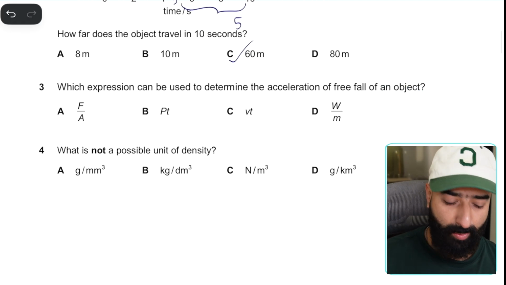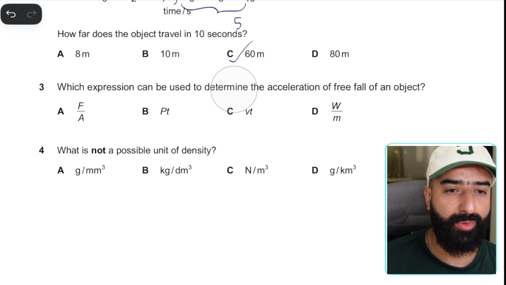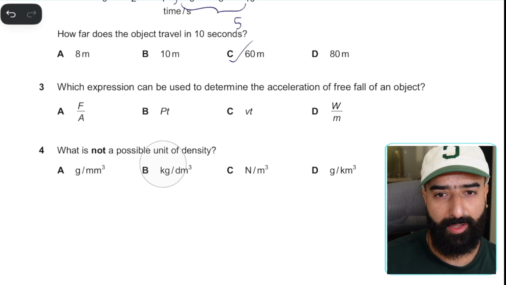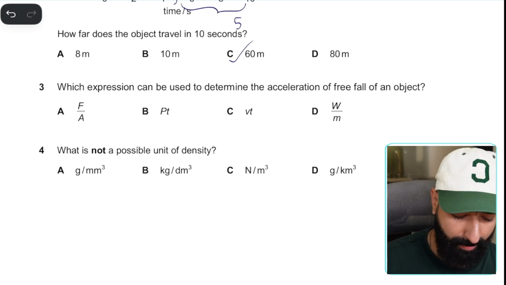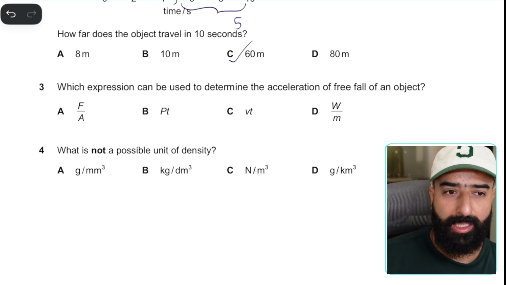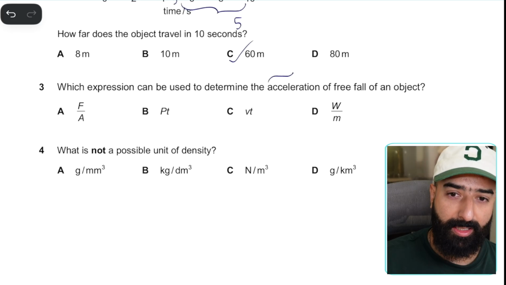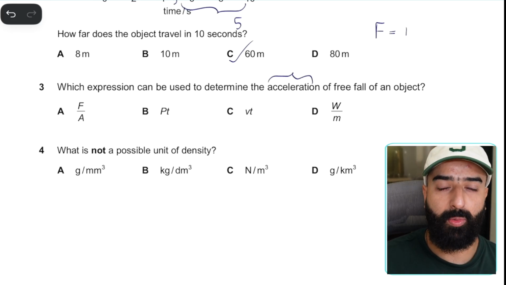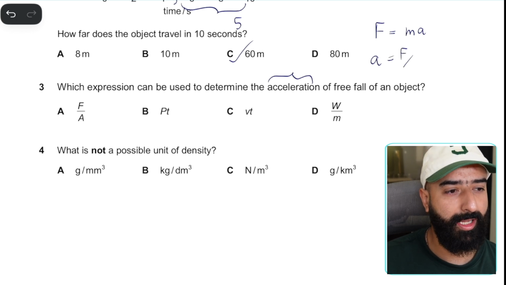Okay. 3. Which expression can be used to determine the acceleration of free fall of an object? Okay. Free fall. Now we are looking for the acceleration. If you remember, F equals ma, and you rearrange, you get a equals F over m, correct?